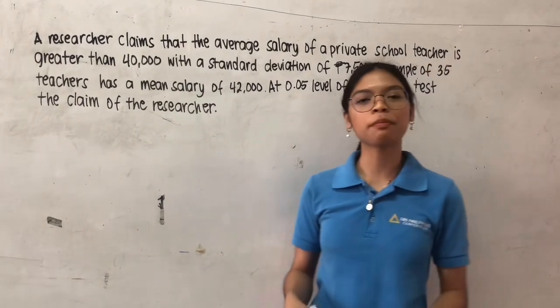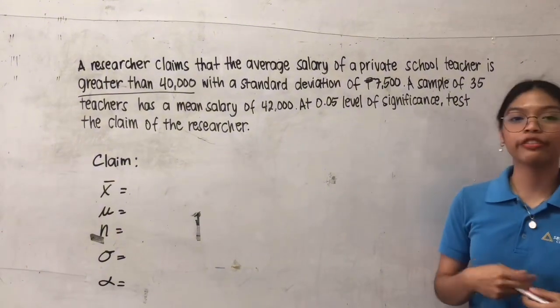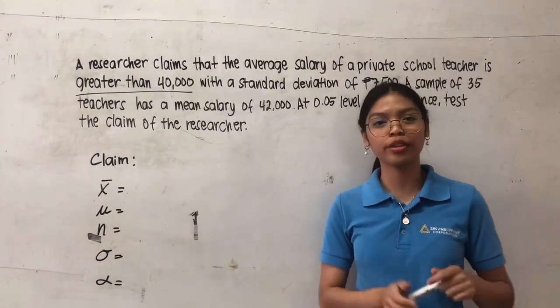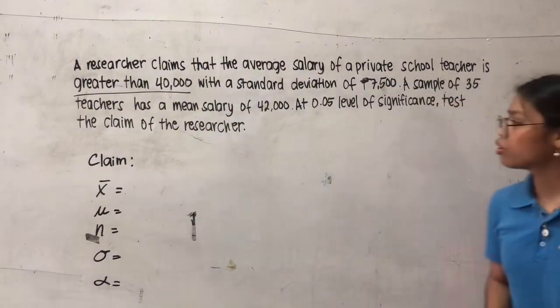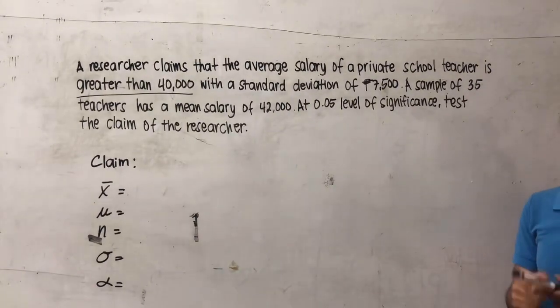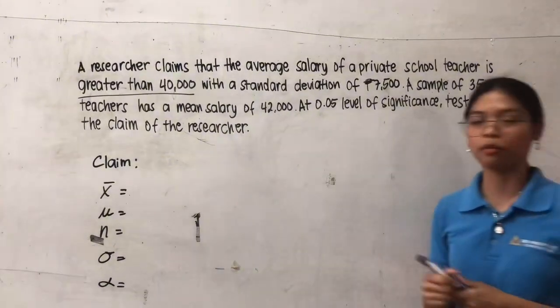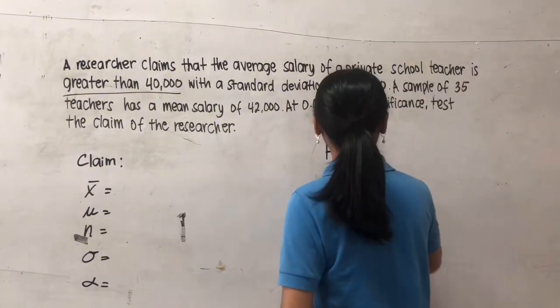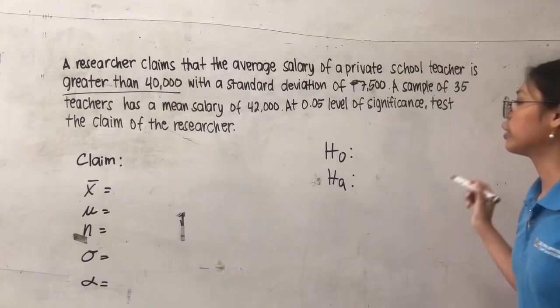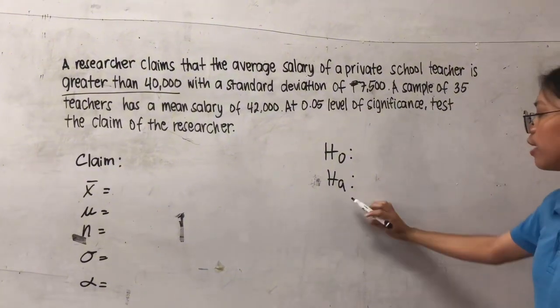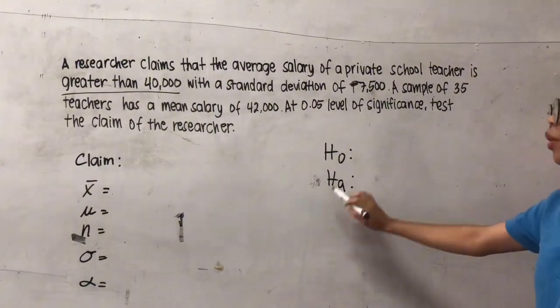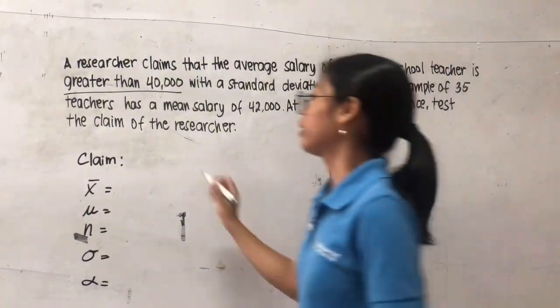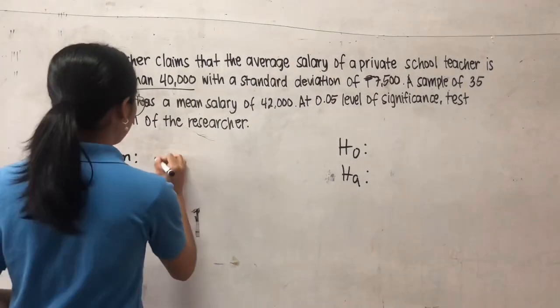For our first sample question, for the first half of our solution, first we're going to construct a hypothesis. So first we're going to identify the null hypothesis and then the alternative hypothesis. For the claim, we're going to identify the alternative hypothesis through our claim, which is greater than 40,000.